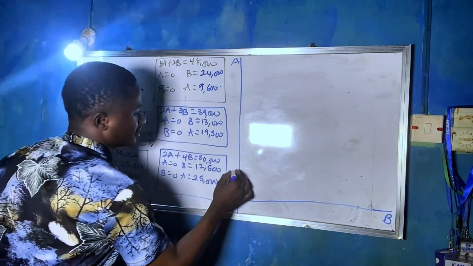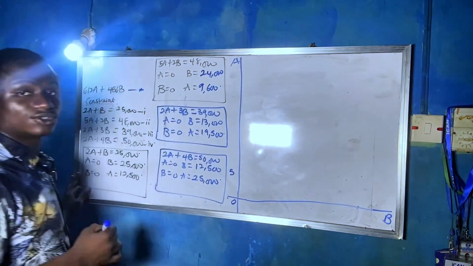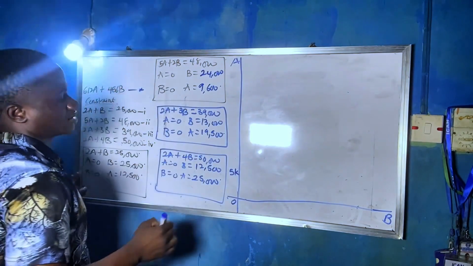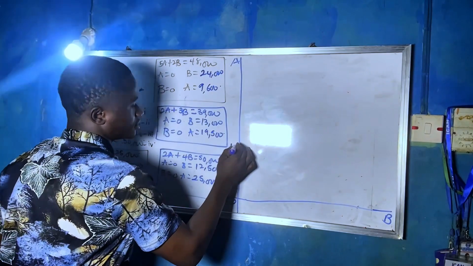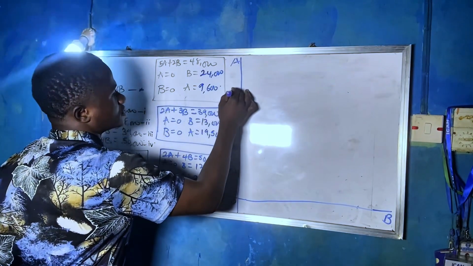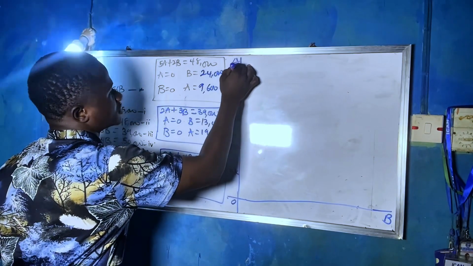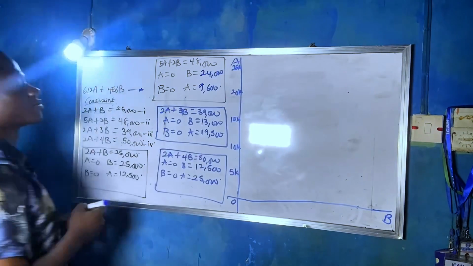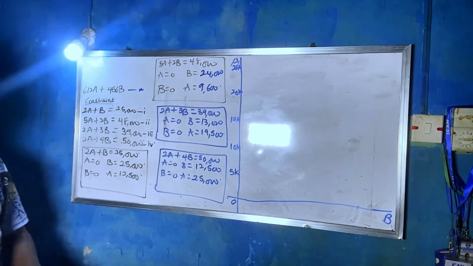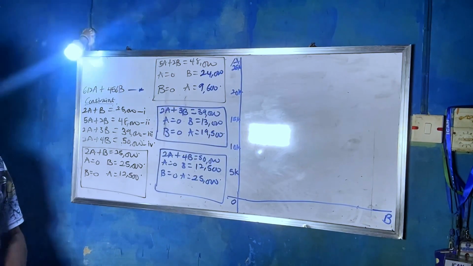So we can have 5,000, or let's just use 5 to represent 5,000: 5K, 10K, 15K, 20K, and 25K. So you tell the examiner the interval you are using.